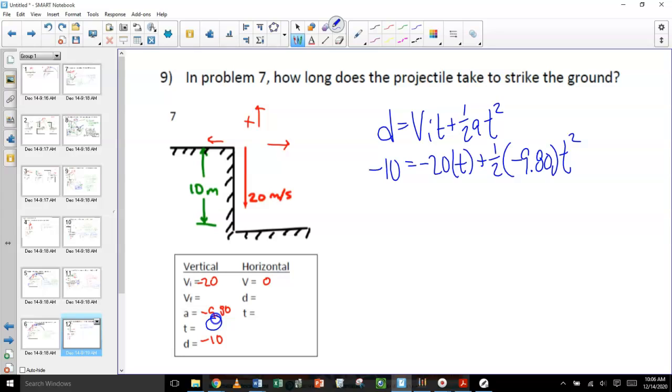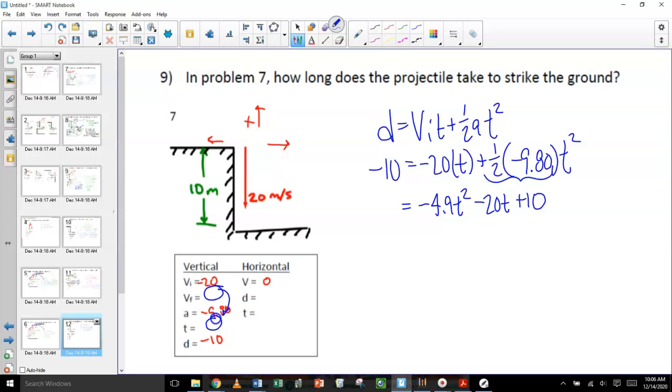Again, you could sidestep it by finding this and then finding time. I'm just going to go right with the quadratic formula because it doesn't scare me. So adding these together, I get negative 4.9 t squared minus 20t plus 10.